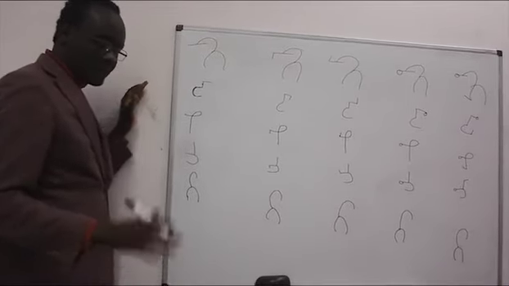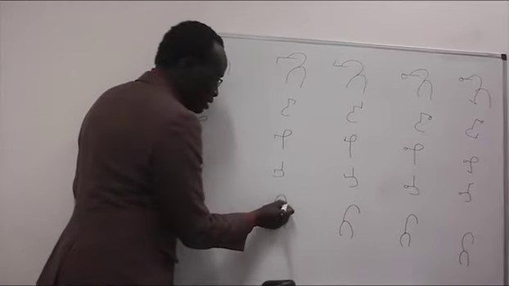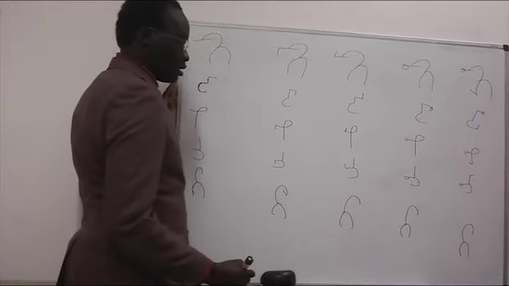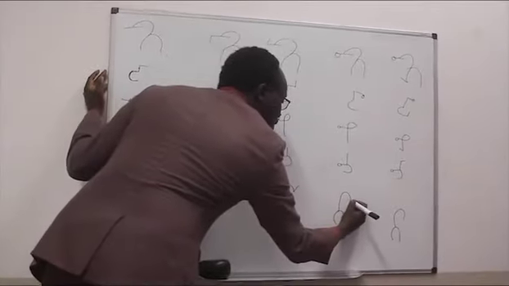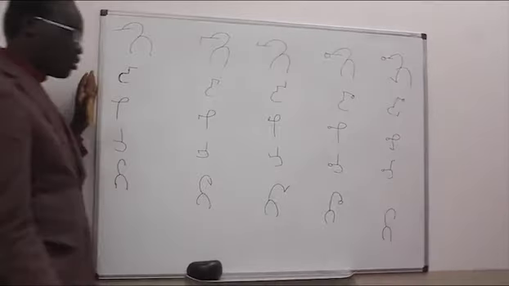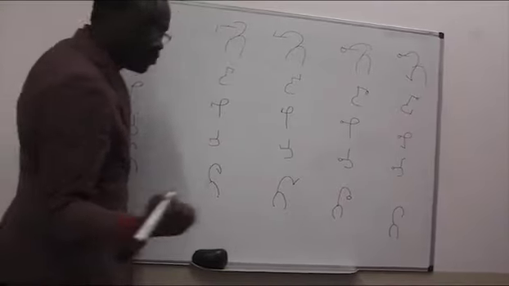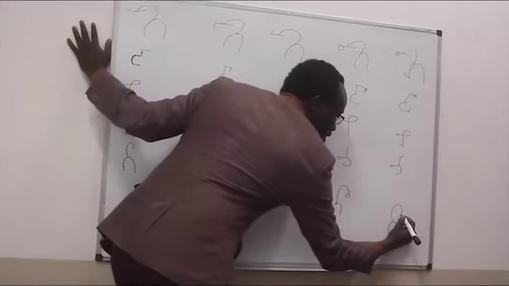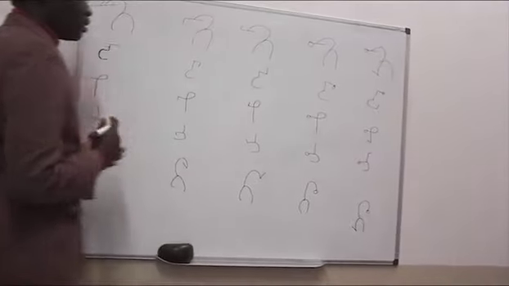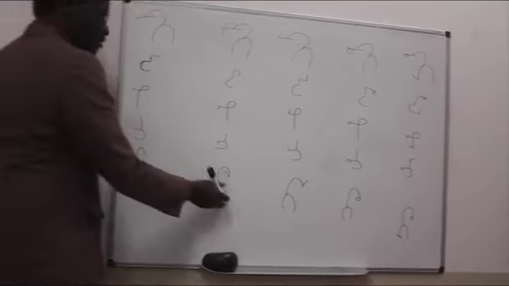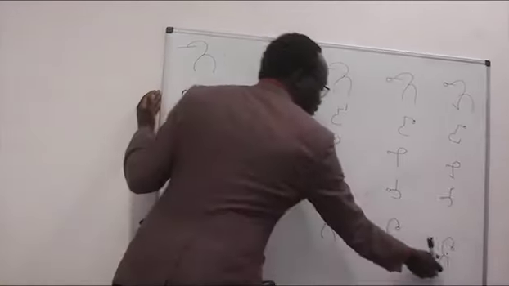Now we're going to fe. Fe is going to be this. Okay? Now fi is that way. For fo we have that. Now you know how we're going to write fu. So fu will be this, and remember it starts with that. And that's fu. So fa, fe, fi, fo, fu.